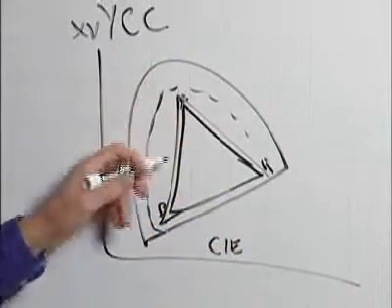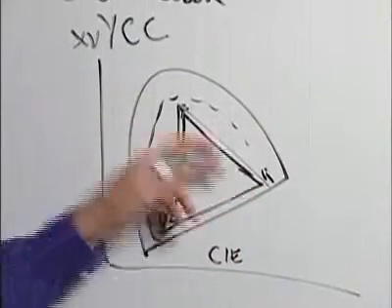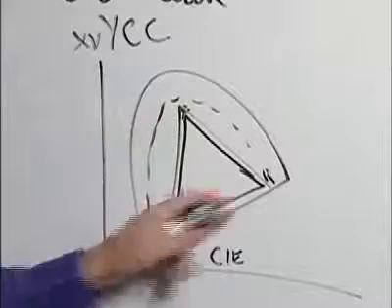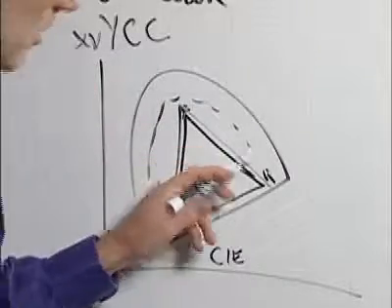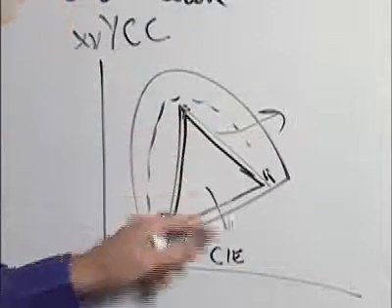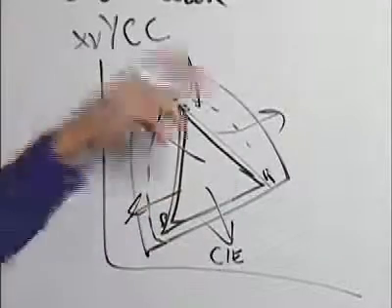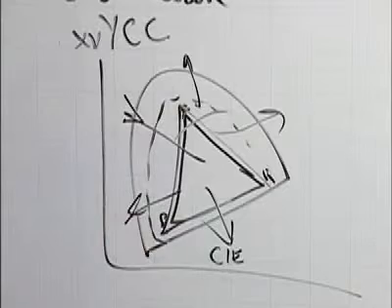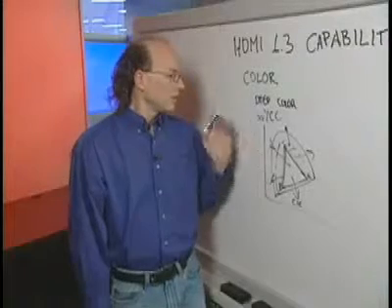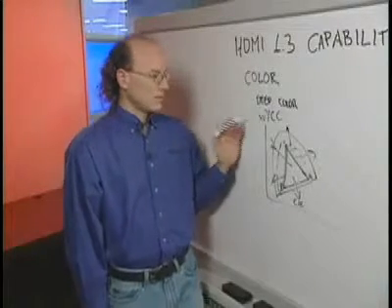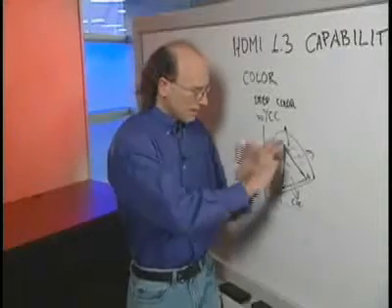Previously, the HDTV standards were restricted strictly to that RGB triangle. But with xvYCC, now you can effectively represent any color in this whole range, well beyond actually the human visible horseshoe that's shown there.